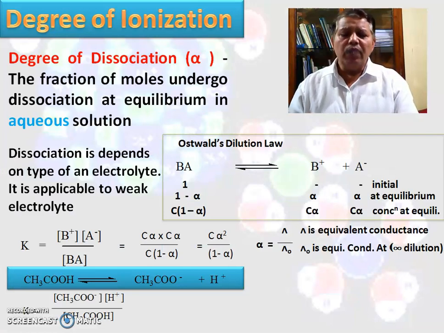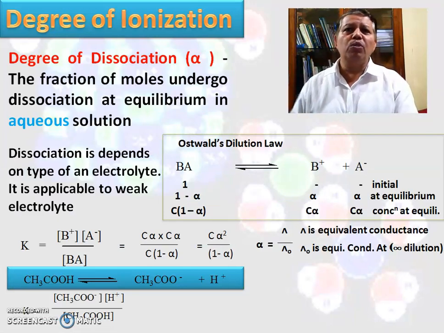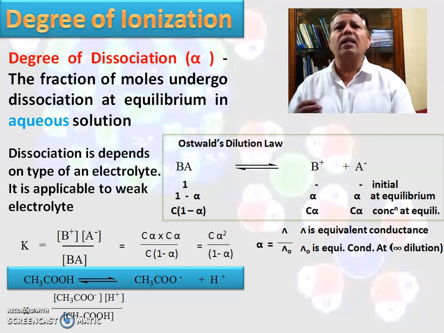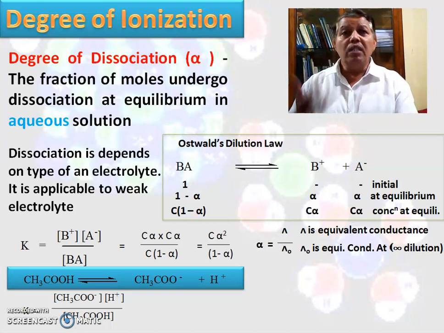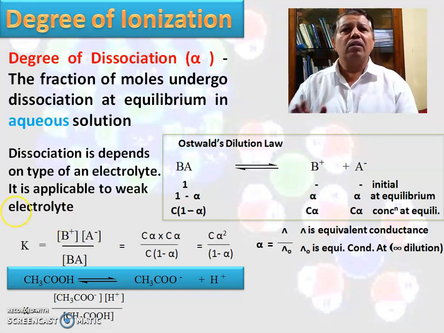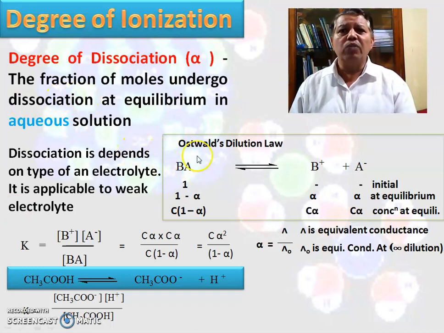When these electrolytes dissociate in water, how much they dissociate can be calculated in terms of the degree of dissociation, denoted by alpha. For example, with respect to Ostwald dilution law, consider BA as the electrolyte, which dissociates into B+ and A- ions.